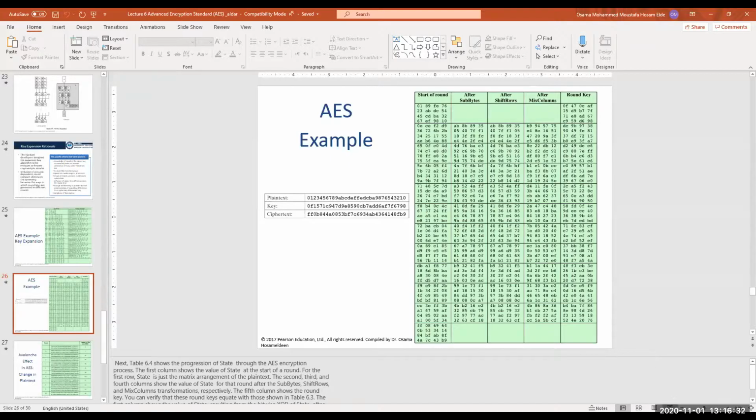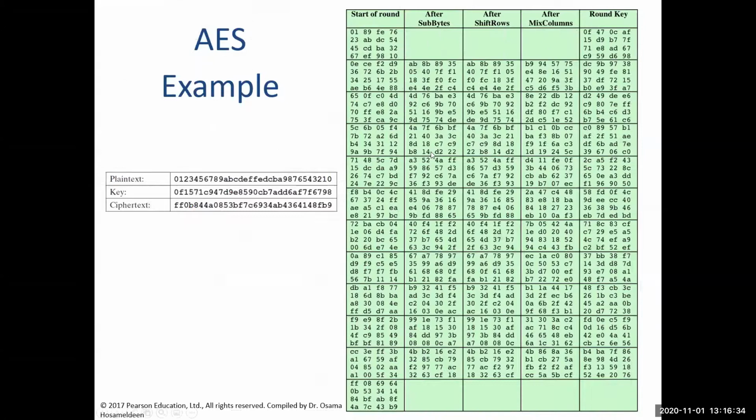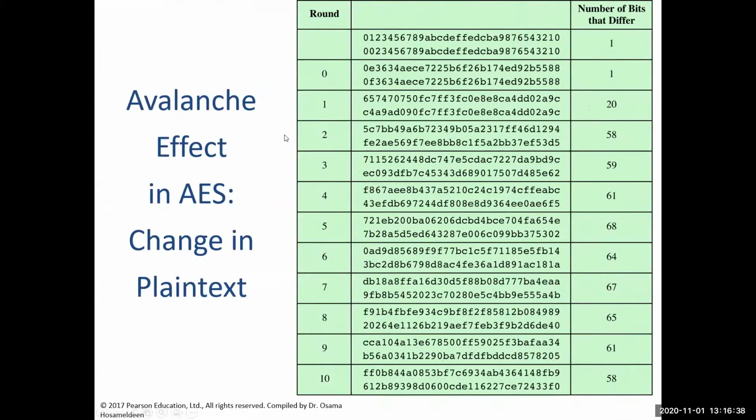Now we get to the last part of the lecture. This is an example. This is the avalanche effect of AES. We just change one bit in the input. Here, if you see, we have the same thing, but here we just changed the first bit in the second.